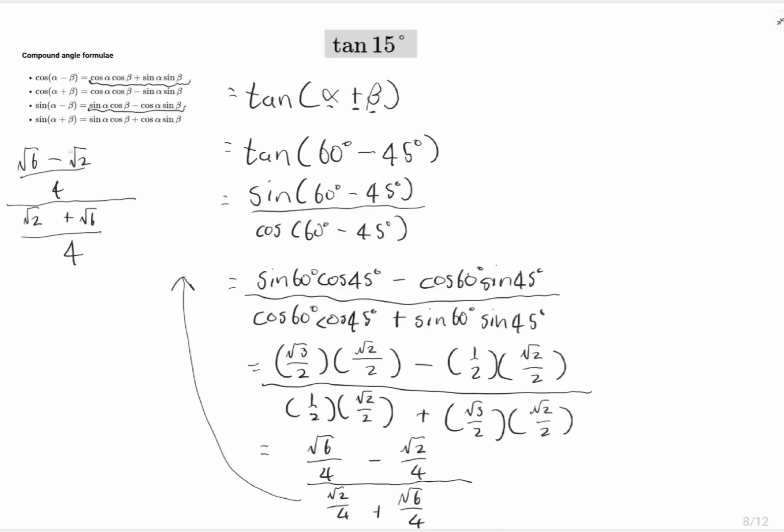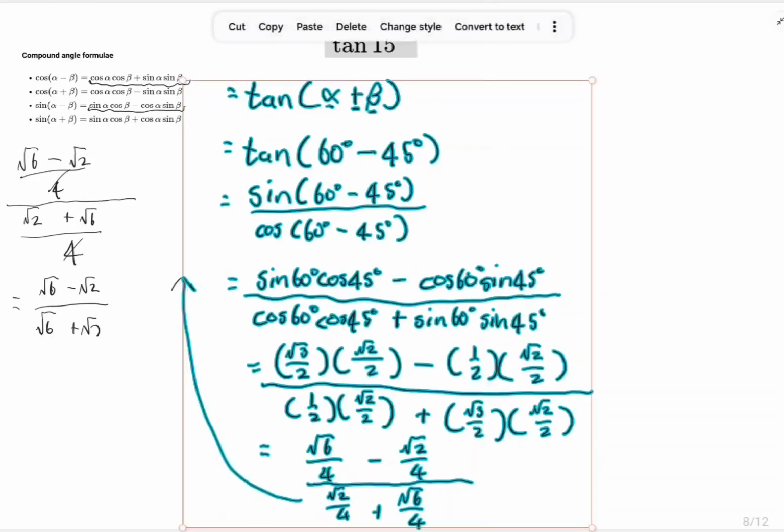When you divide a fraction by a fraction and they have the same denominator, you simply cancel them and you're left with the numerators. So it's going to be square root 6 minus square root 2 over square root 6 plus square root 2. I just swapped them, but it's the same thing.